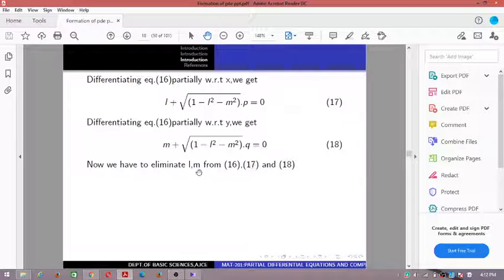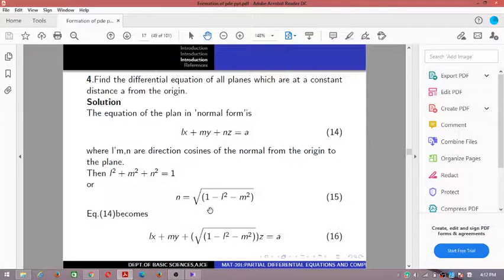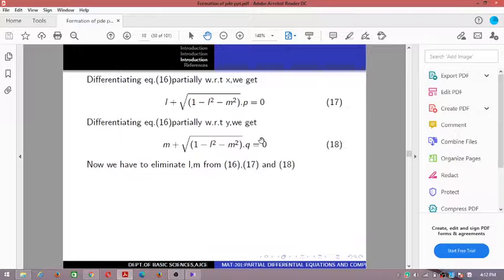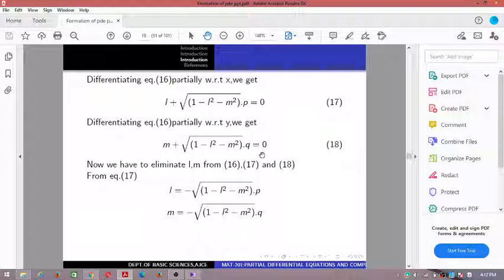Now we have to eliminate L and M from equations 16, 17 and 18.